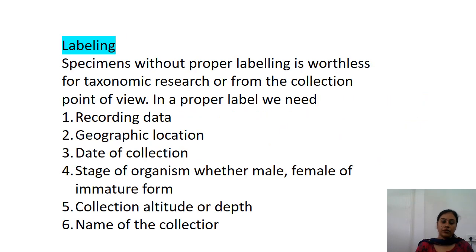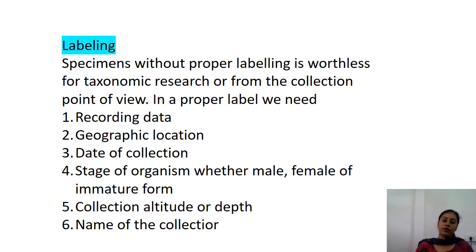After preservation of the organism, labeling is a must because a specimen without proper labeling is worthless for taxonomic research or from the collection point of view. For proper labeling, we need to record data. We should record all the data and write it down on the collection bottle or on the collected specimen.